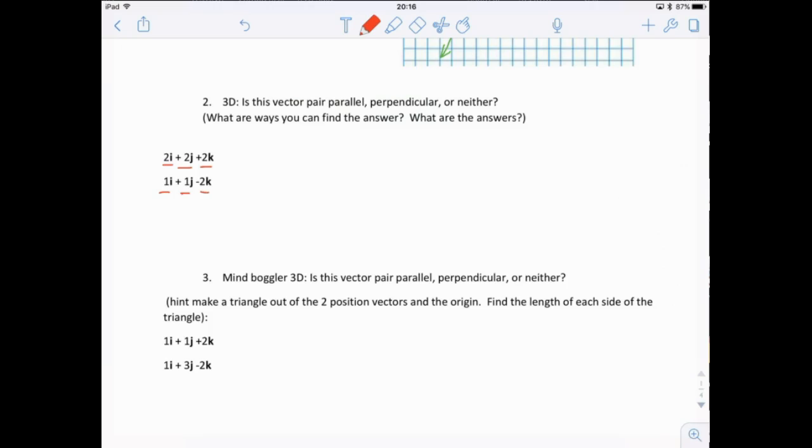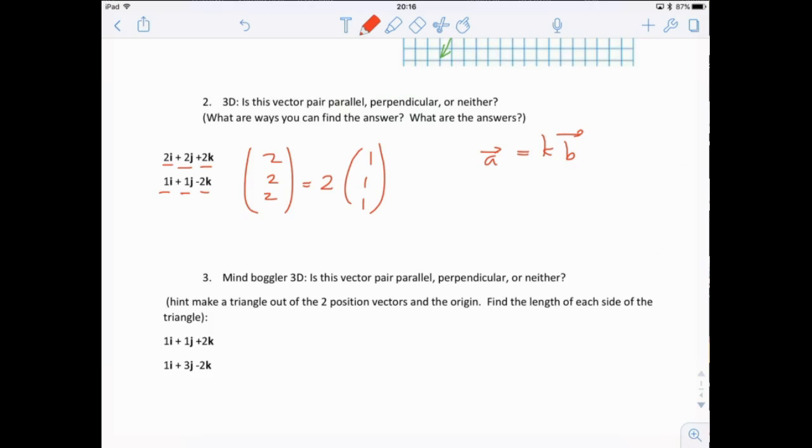Now if this was 2, 2, 2, and if the other one was 1, 1, 1, then we do know that these are in the exact same direction, right? Because if we ever have a vector and another vector, and they can be related by multiplying a scalar, which is true in this case, then we know that they're in the same direction, or that they're parallel.